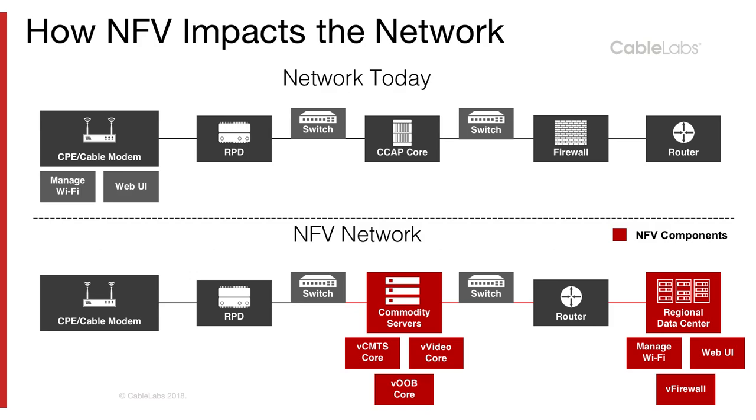That infrastructure connects to a switch that then goes to a router, and the services that were provided in the regional data center as hardware devices, and some of the services provided at the customer premise in terms of fixed functions, are now all provided as software. So in the regional data center, again, you see commodity servers, and you see things like managed Wi-Fi and web UI, which used to be on the customer premise equipment, and things that were in the regional data center like firewall are now virtualized into a virtual firewall.